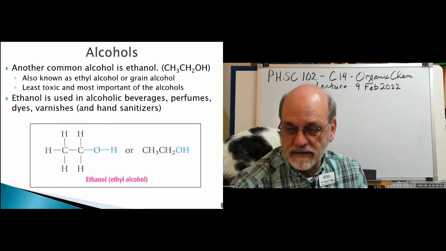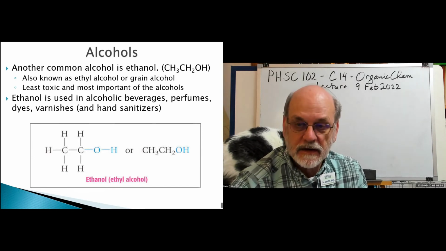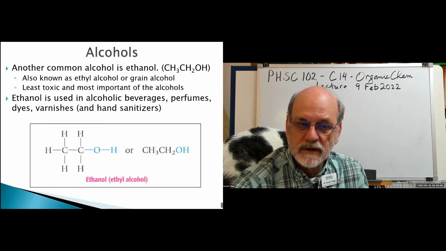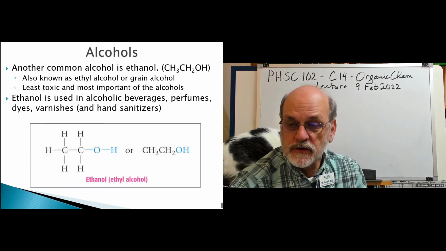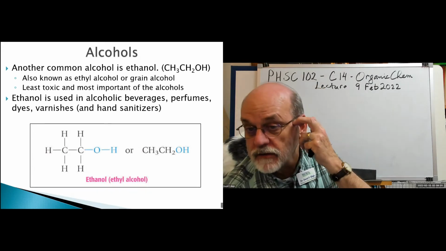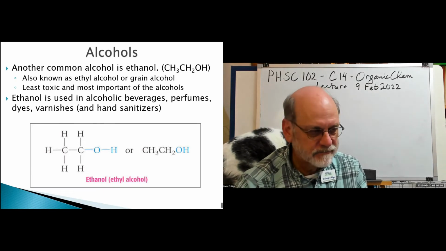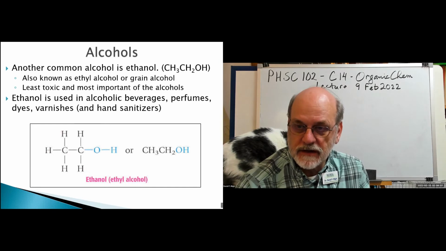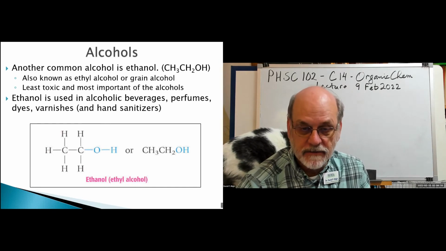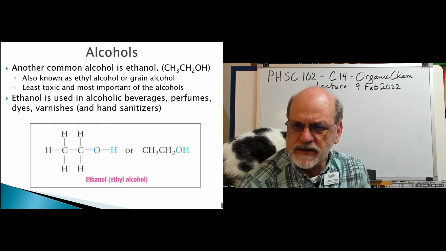It's used in, obviously, alcoholic beverages. It's used in some perfumes, some dyes. It's even used as a solvent for varnishes. And nowadays, we know that it's used in some of the hand sanitizers, usually about 60 or 70%.